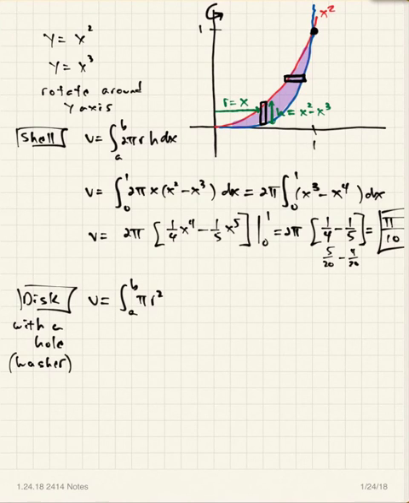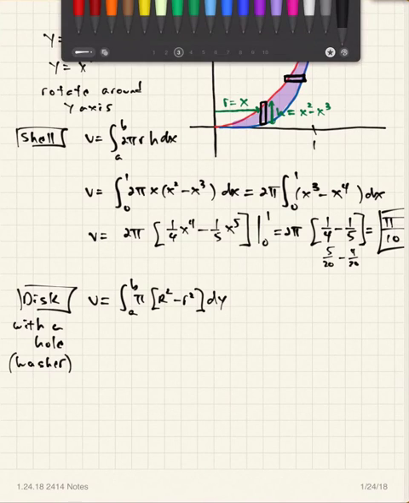And so I actually don't have the right form here. This is actually going to be pi times big R squared minus little r squared. And then this would be dy. So it's looking like shell is the clear winner here on this problem. Let me put this in a different color here.